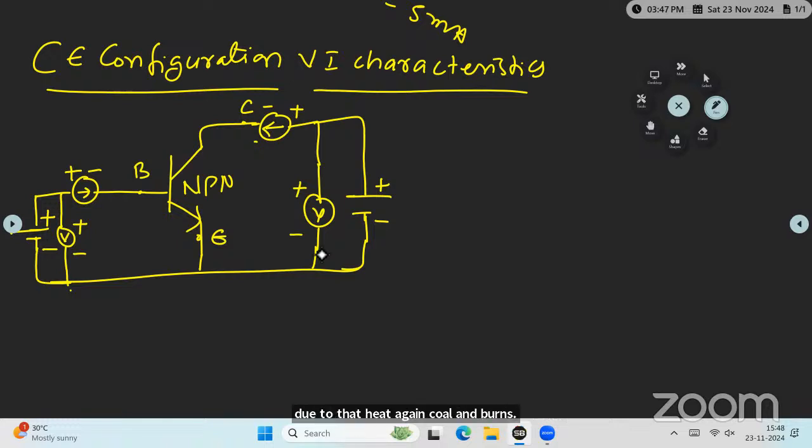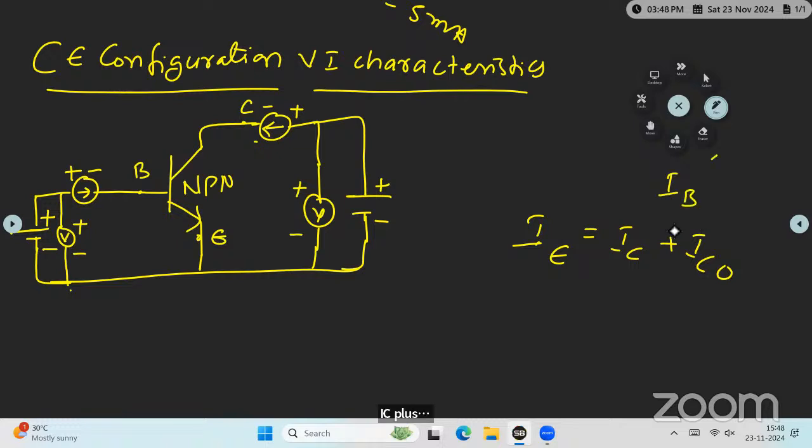Now the actual current expression is IE is equal to IC plus ICO. IB is negligible. The base current is very, very small.